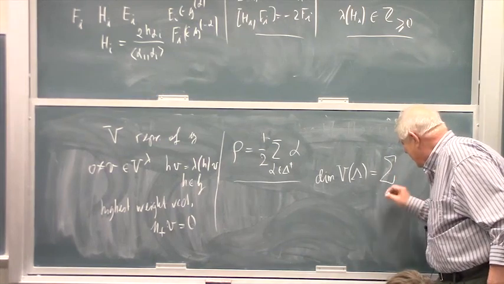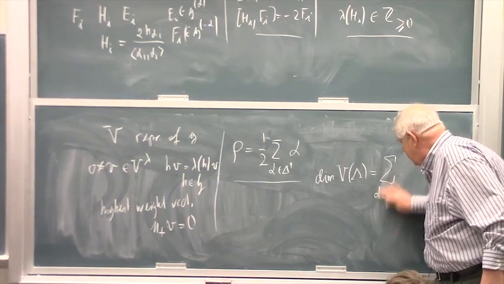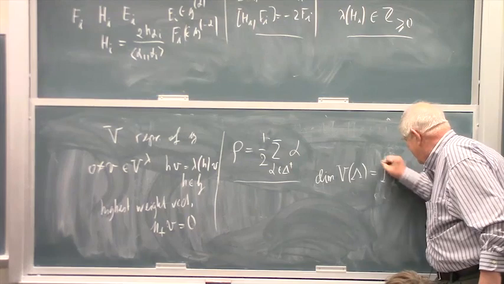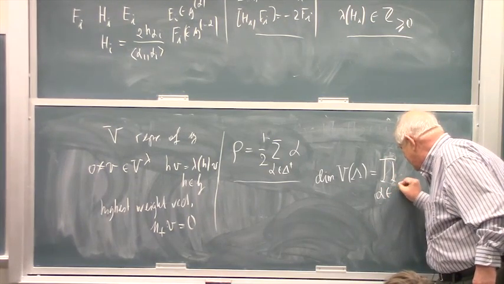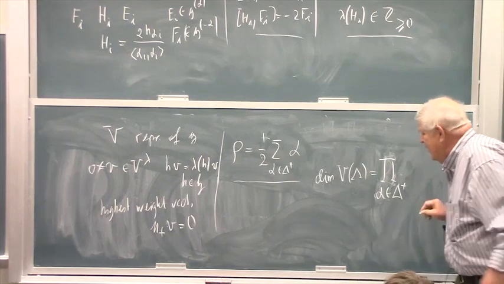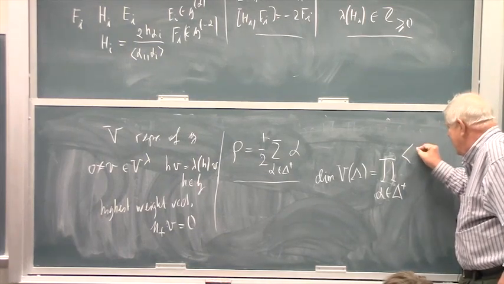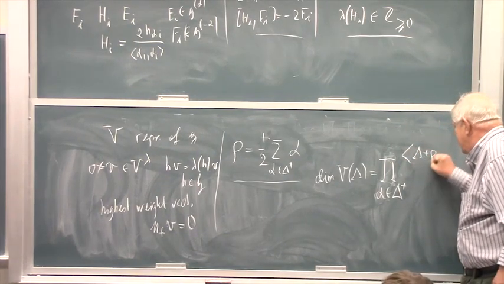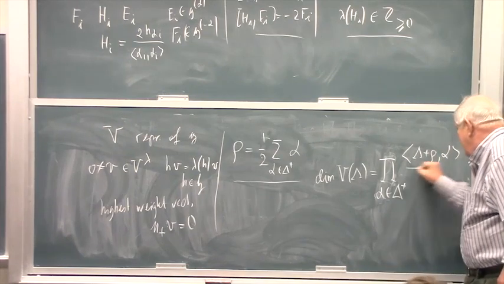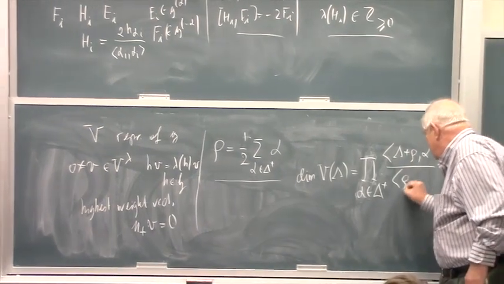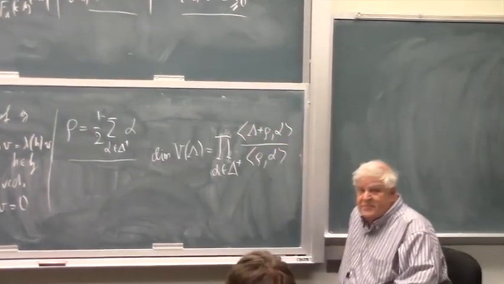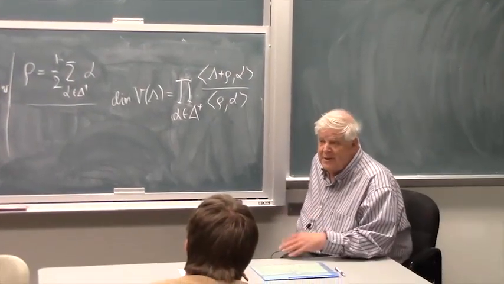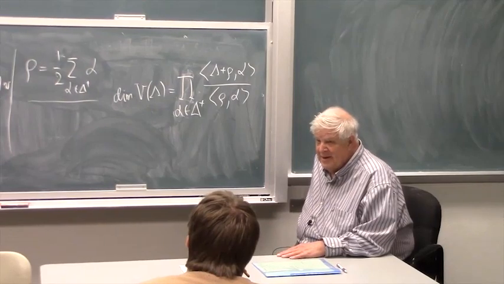The product over all positive roots alpha. Here I write lambda plus rho alpha, and here I write rho alpha. What can be simpler than that?